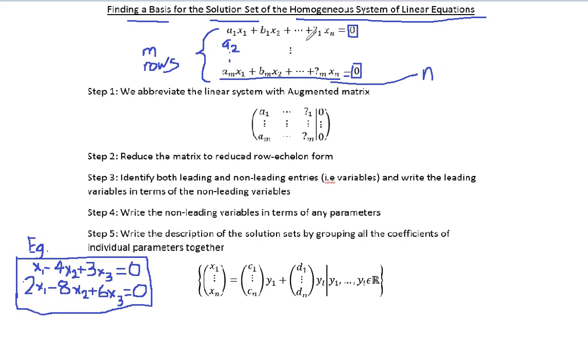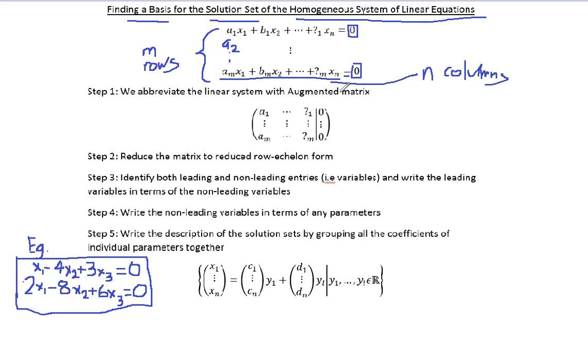So if you have 3 columns, that means you have x1 plus x2 plus x3. And if you have 2 rows, it's a1 and a2. 5 rows, a1, a2, a3, a4, a5. And for b also, it's all the same.